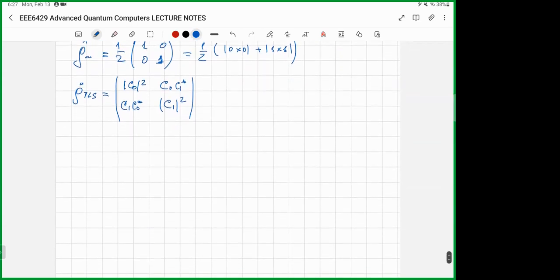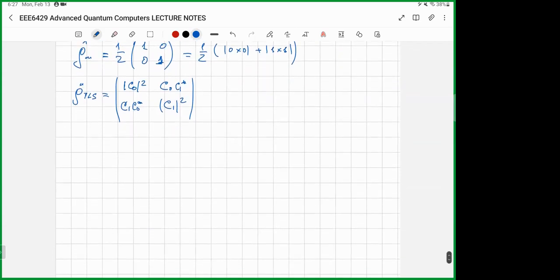Okay. So what about the evolution of the density matrix? Let me change the color. The evolution of the density matrix. So we have the Schrödinger picture, the Schrödinger equation, the Heisenberg picture, the Heisenberg equation.